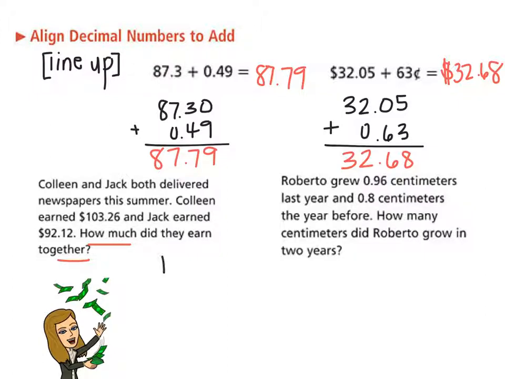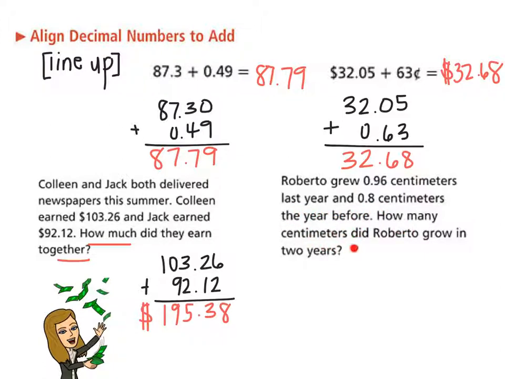So I'll get my $103.26 from Colleen, plus the $92 lining up the decimals and 12 cents from Jack. 6 plus 2 is 8, and then we have 3, decimal point, 5, 9, and 1. So together they earned $195.38.